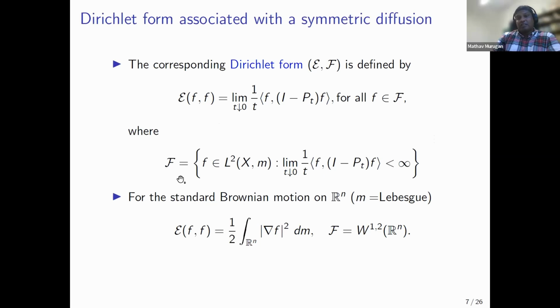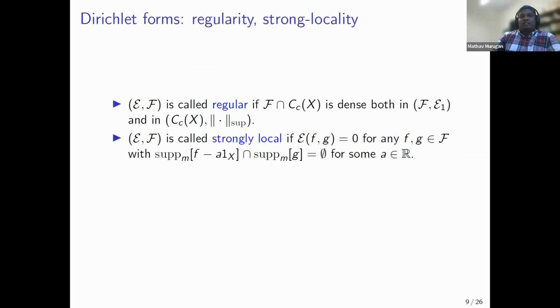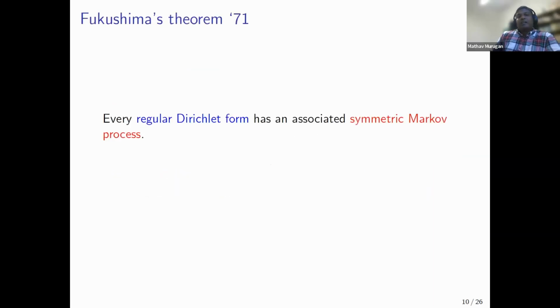The converse is a much deeper, much more difficult result of Fukushima, who showed that if we start with a regular Dirichlet form, one can construct an associated Markov process that's symmetric with respect to the measure that we started with, such that the Dirichlet form associated to the Markov process is the Dirichlet form that we started with. So in some sense, there is a one-to-one correspondence between symmetric Markov processes and regular Dirichlet forms.